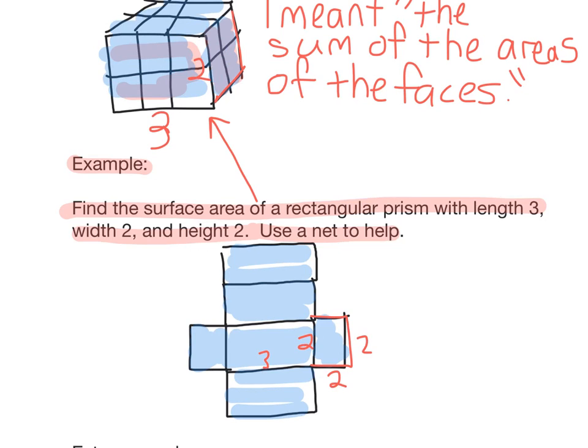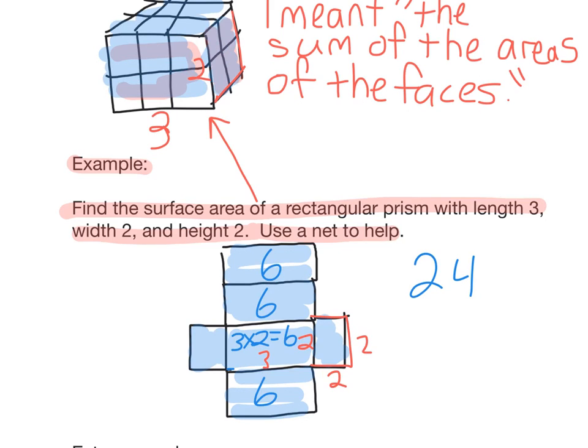I'll put the surface area in blue. The area of the front face is 3 times 2, which equals 6. So the area of the front face is 6. This face is also 6. These are all the same dimensions, so they're the same area. So I have 4 6s. That would be 24.